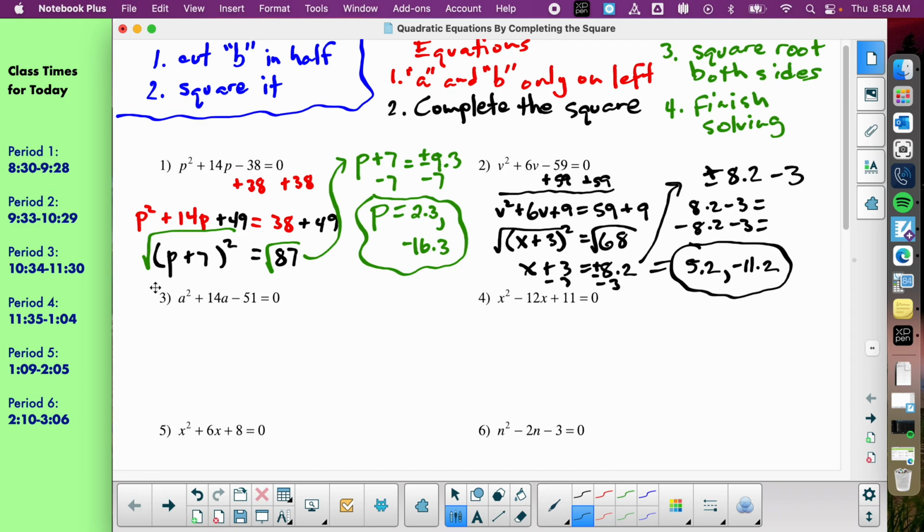Get there. Do we have to do the whole sheet? Probably not. I'm going to kind of see where we are though.